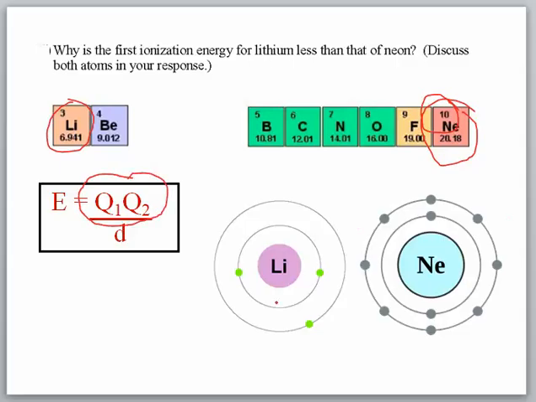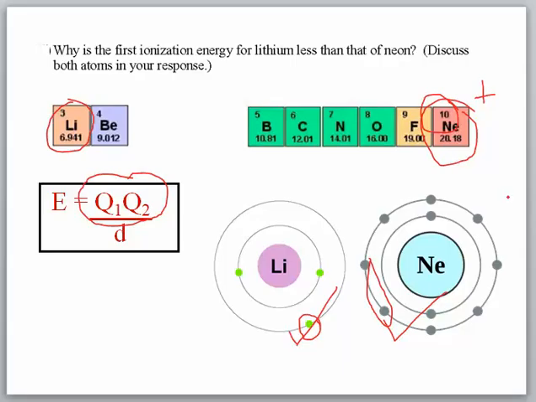They may draw drawings that make it look like the radius is the same, and they're trying to trick you with all these electrons. So maybe you're thinking, oh, I'm not sure about that. It has nothing to do with the electrons all being added in the same energy level. I don't care how many of them there are. It's that increase in the nucleus that is giving you that greater energy.